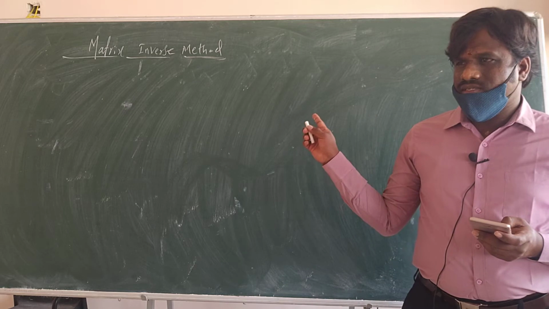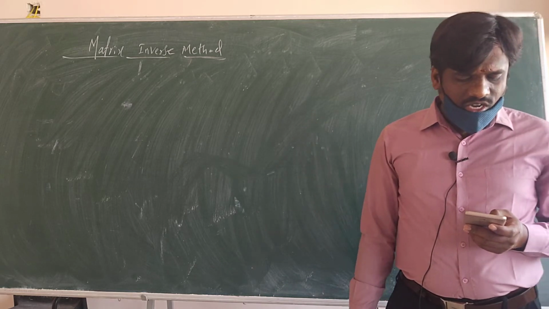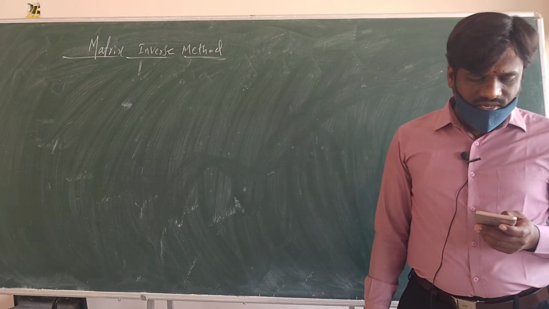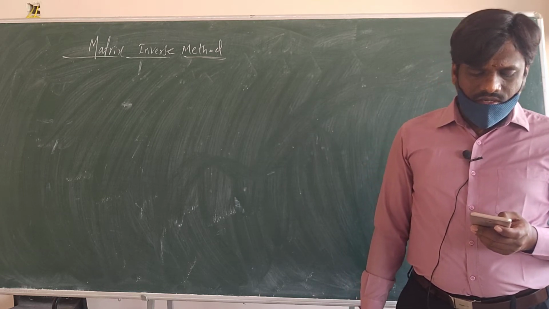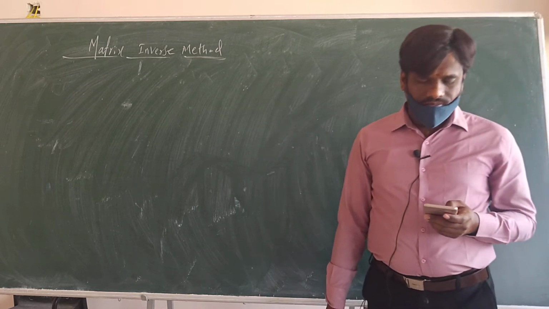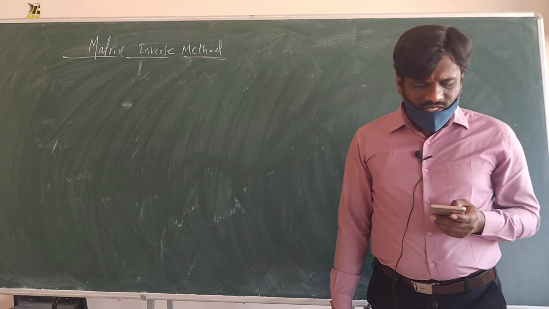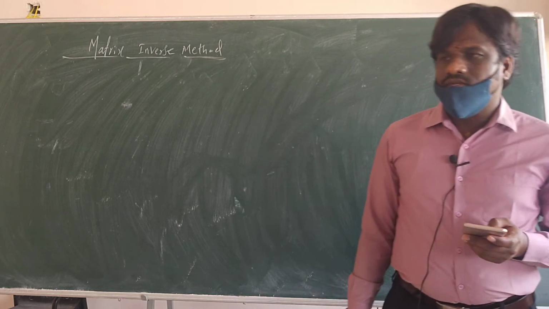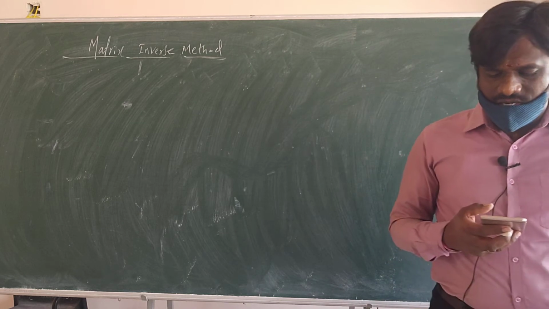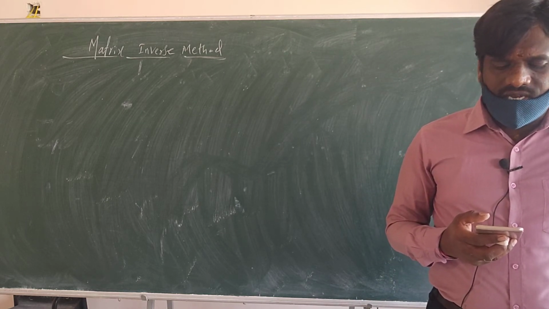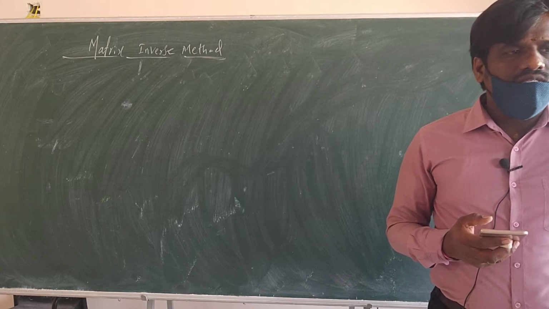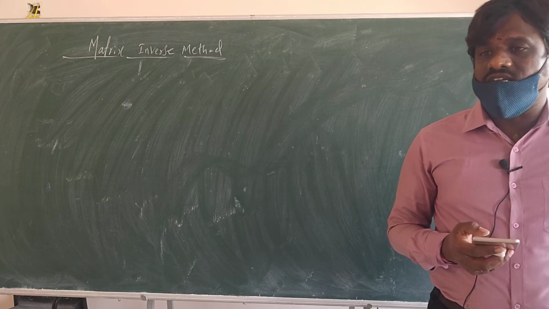The cost of 4 kg onion, 3 kg wheat and 2 kg rice is 60 rupees. The cost of 2 kg onion, 4 kg wheat, 6 kg rice is 90 rupees.